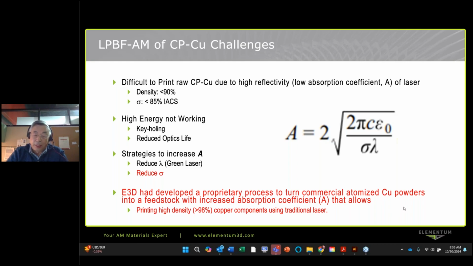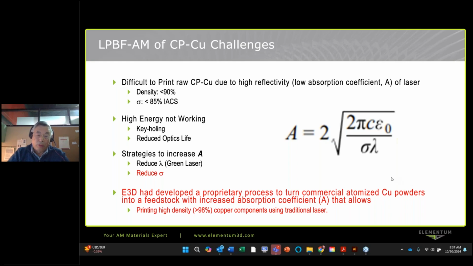By reducing the conductivity of the powder. So you heard earlier from Chloe and Ben, we developed RAM technology to make aluminum and nickel alloys from off-the-shelf powders, non-printable, printable.